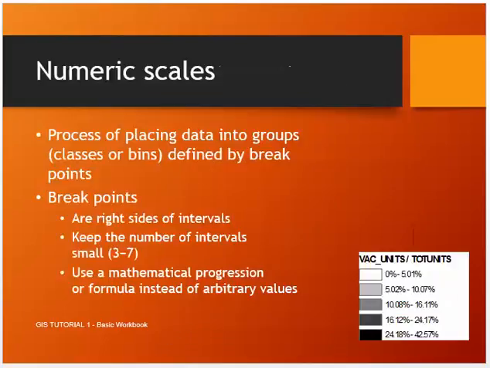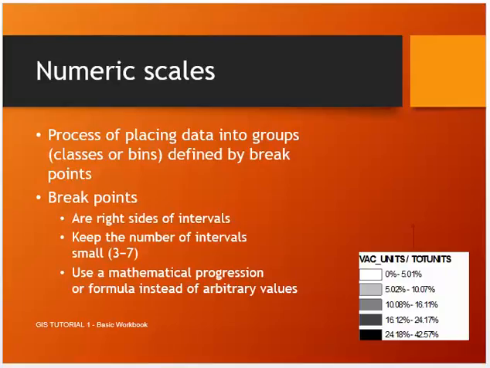All right, let's talk a little bit about numeric scales and how to divide up your data. When you build these maps, it's going to ask you what kind of method you want to use for dividing your data into a certain number of groups. You specify how many groups and what method you want to use. Try and keep them fairly small.